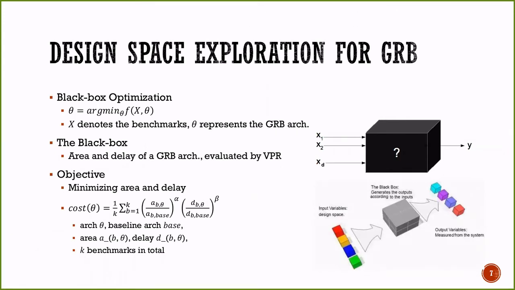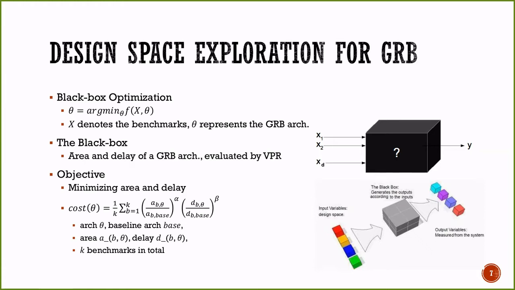In this work, we model our problem as a black box optimization problem. We generate a GRB model and put it into a tool based on VPR. Then we get the area and delay of the GRB model.